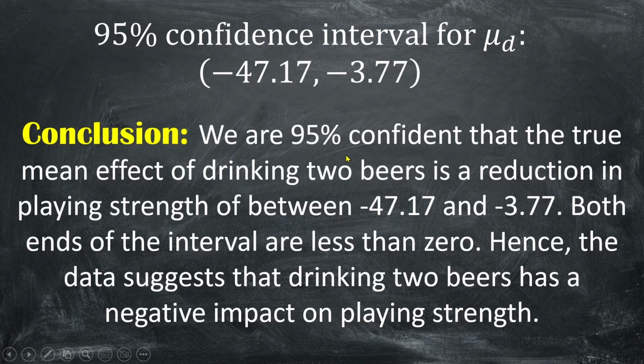We are 95% confident that the true mean effect of drinking 2 beers is a reduction in playing strength of between minus 47.17 and minus 3.77. Both ends of this interval are less than 0. Hence, the data suggests that drinking two beers has a negative impact on playing strength.